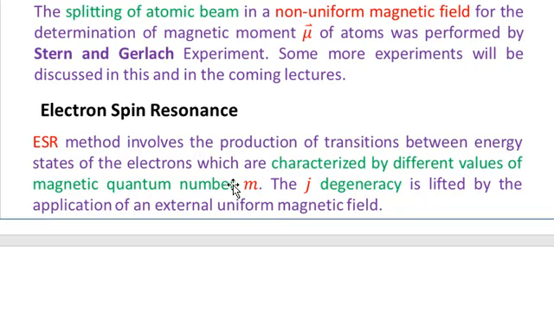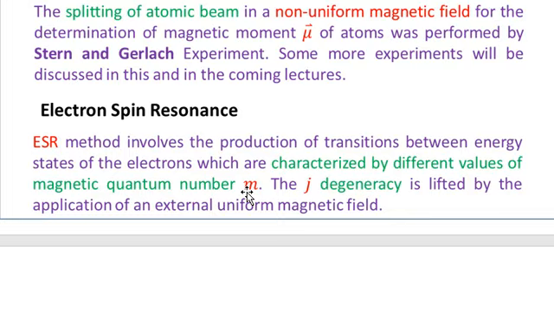So you see that when there is no magnetic field, then we have the states which are determined by the quantum number J. But if you apply the magnetic field, what will happen? The states with the quantum number J are split into Mj states. And Mj, as we have discussed earlier, will be 0, plus minus 1, plus minus 2, up to plus minus J. And these will be the magnetic quantum numbers in the presence of the applied magnetic field.